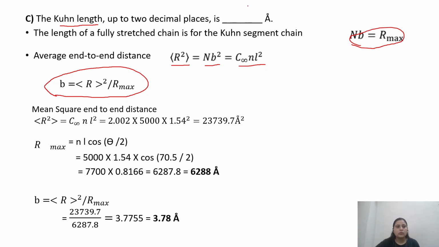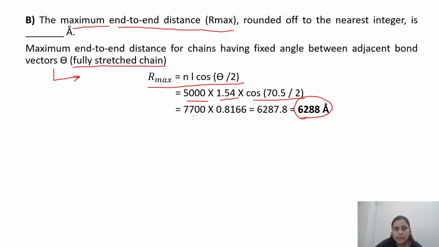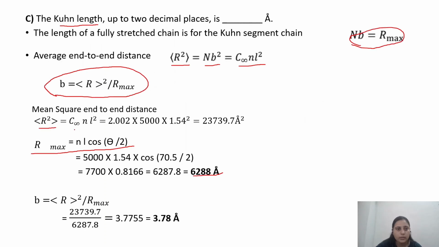For calculating B, we need these two values. We already calculated R max in the previous slide, which is NL cos theta by 2. Since N, L and theta are given, we already calculated R max as 6288 angstrom. Now the unknown parameter is the mean square end-to-end distance.